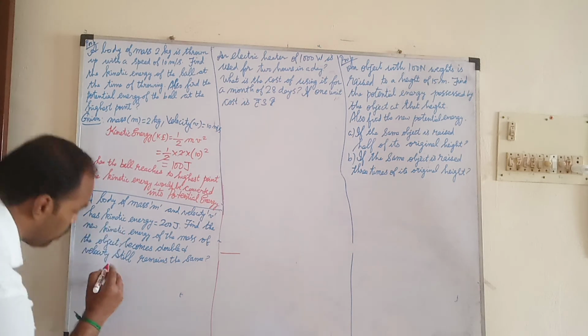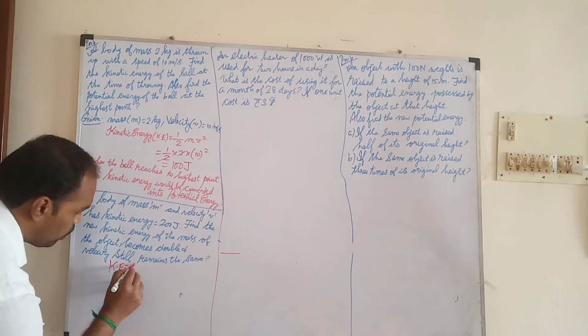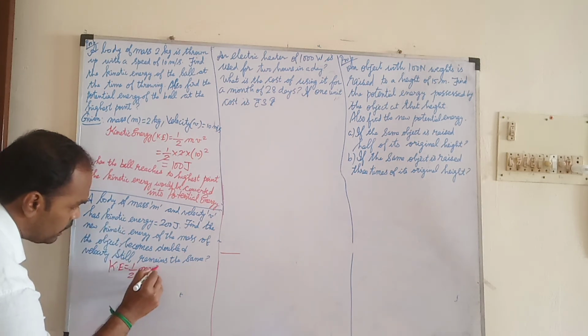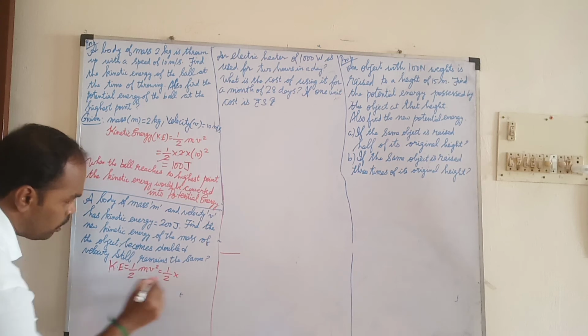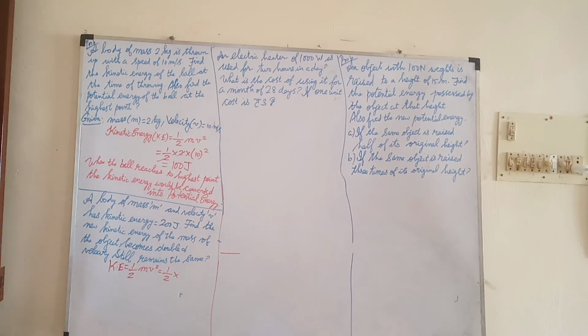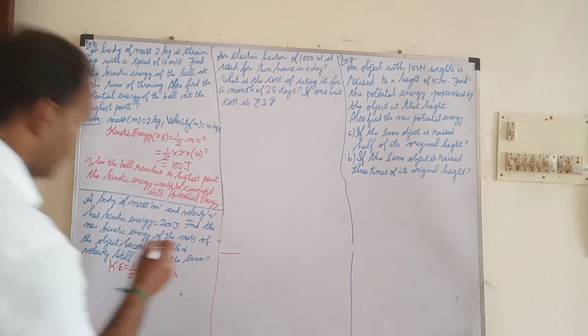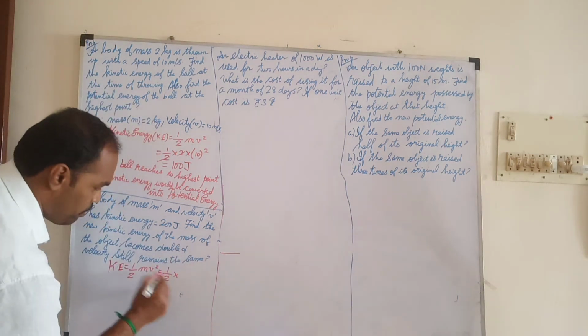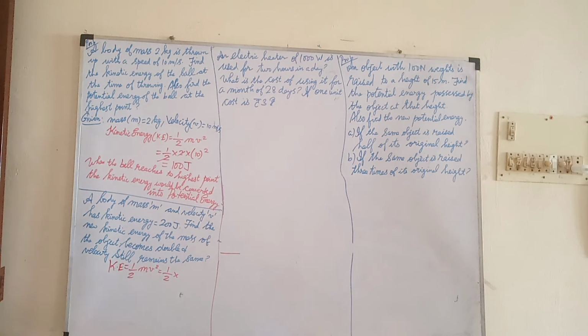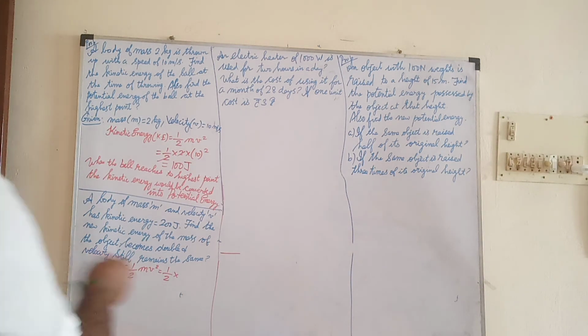So K equal to what? 1 by 2 mv square. Kinetic energy they have given is 200 joule. So what is the formula? Kinetic energy equal to 1 by 2 mv square.